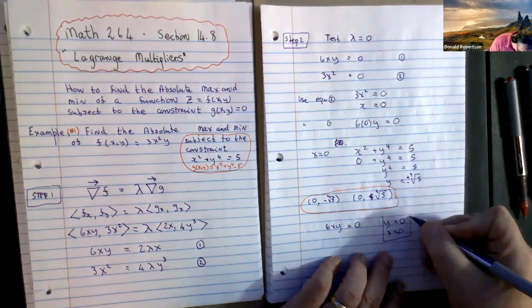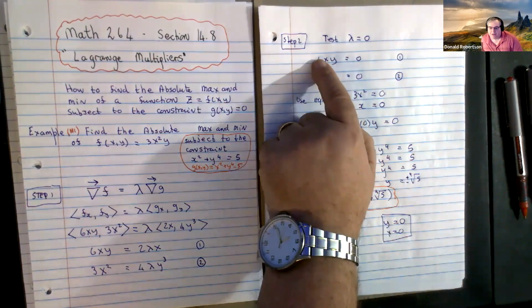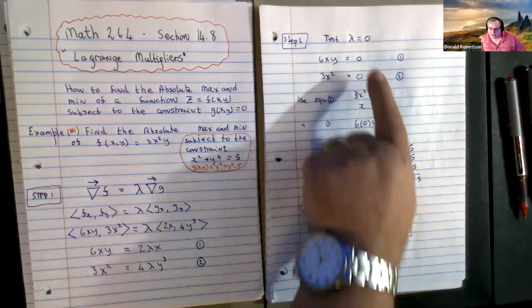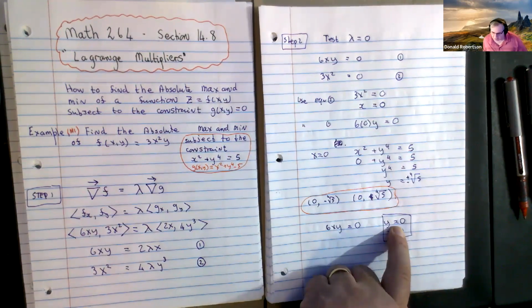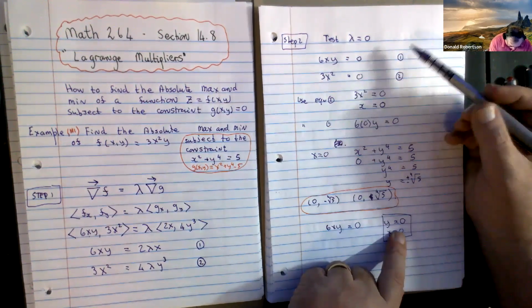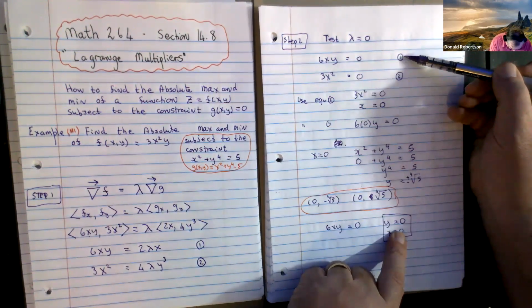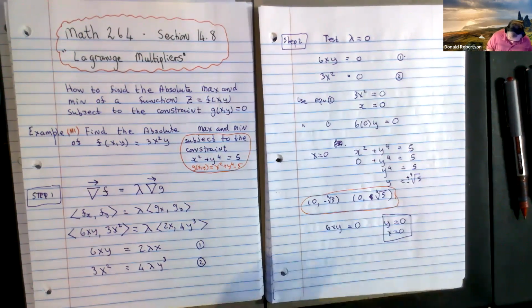So that is another possible solution. Let me go through that again. I'm trying to solve this, and I'm assuming y equals 0 would make that work. I then check the second equation and say, okay, if y equals 0 makes this work, what does x have to be to make this work? And the answer is it has to be 0.